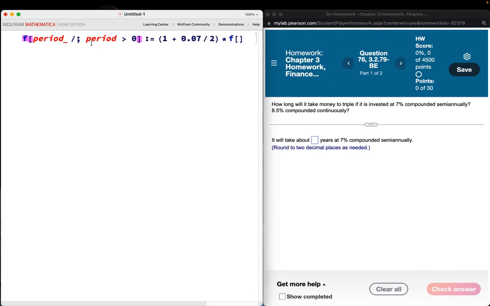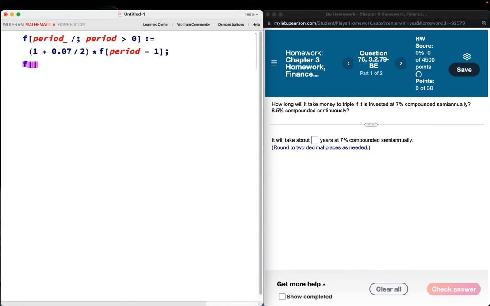You don't have to put that in, but it doesn't hurt. And this is going to be period minus 1. Okay. And initially I will have, let's say, $100. I'm going to have $100 in here initially. Shift enter. Okay. And remember, each period is supposed to be 6 months, twice a year.